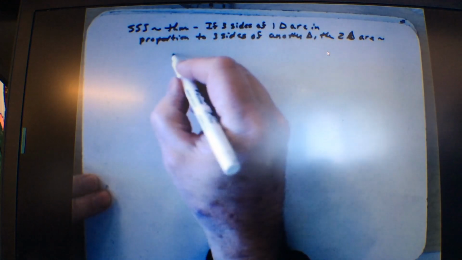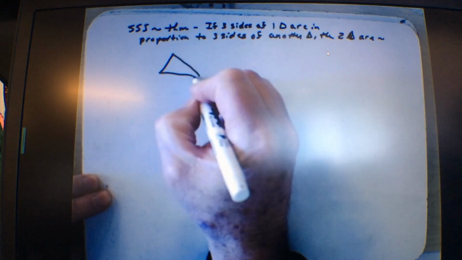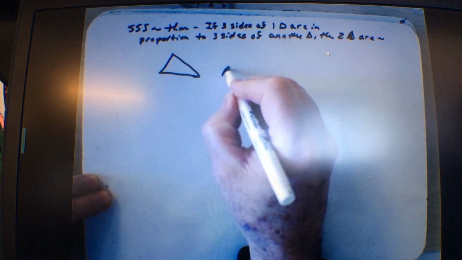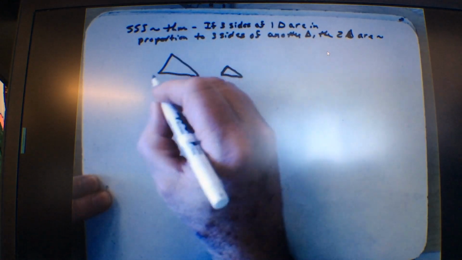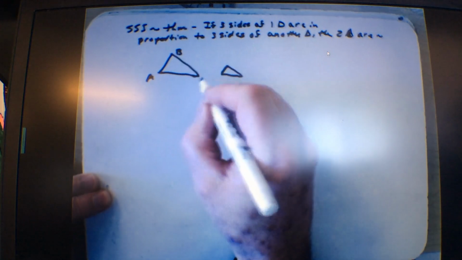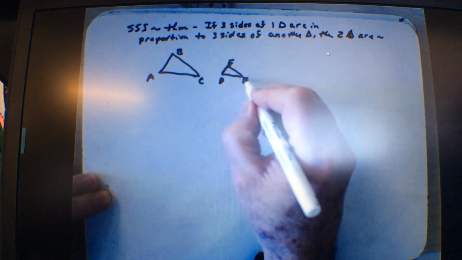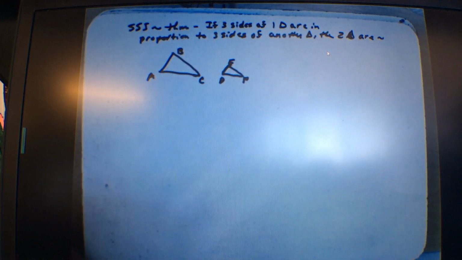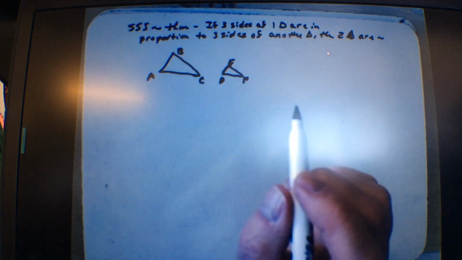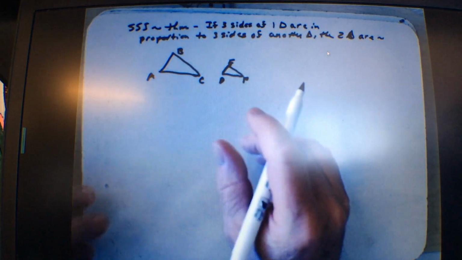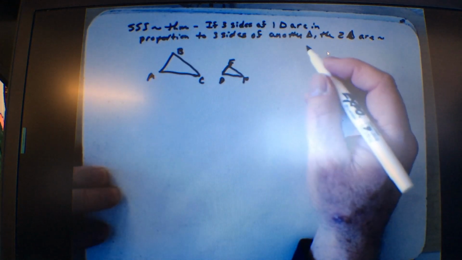Now, when you do this, I'm going to draw two triangles. I'm going to call this A, B, and C, and then D, E, F. Sometimes this is really hard to tell, but if they don't tell you, you have to match sides up based on length.